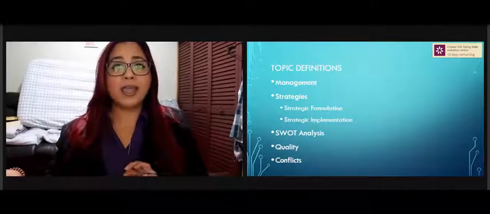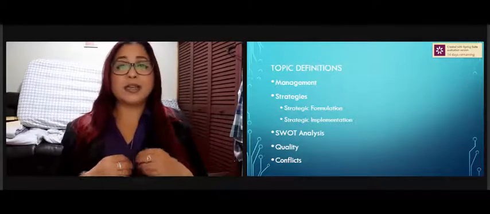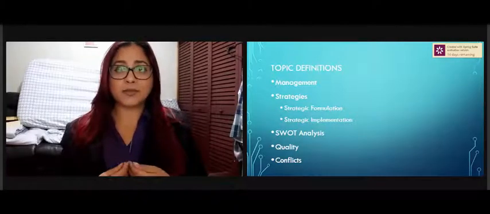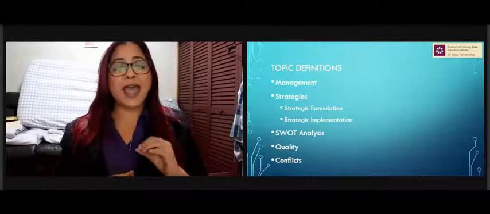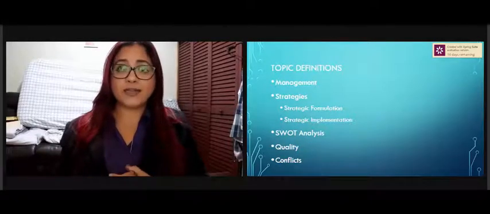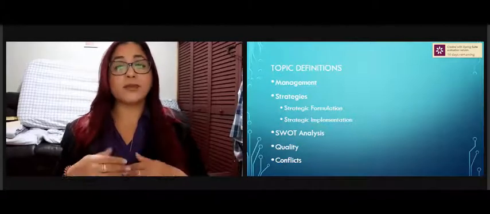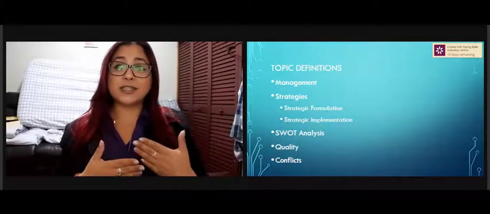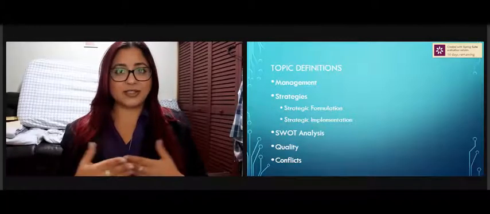Quality is the degree in which the customer's expectations are met. This measures the excellence of the product and how they are going to use them. Conflicts are disagreements that come from the difference of opinions, the difference in points of view, and by misunderstandings.